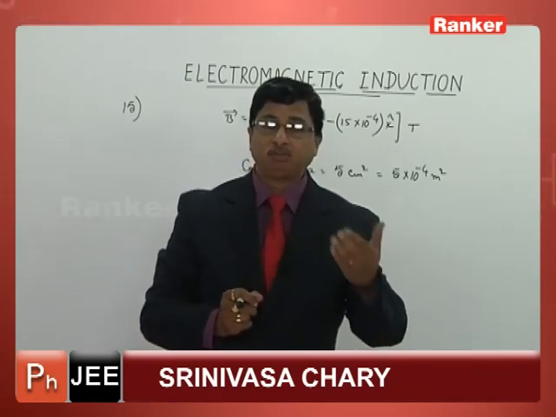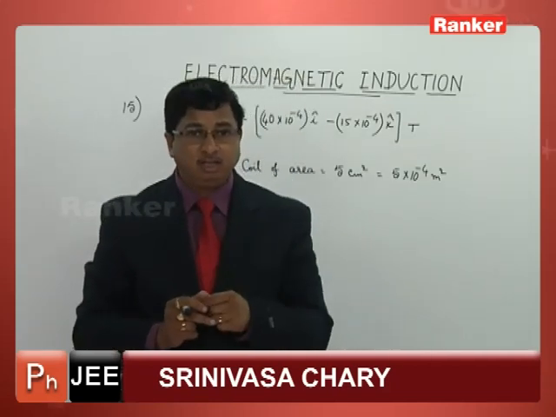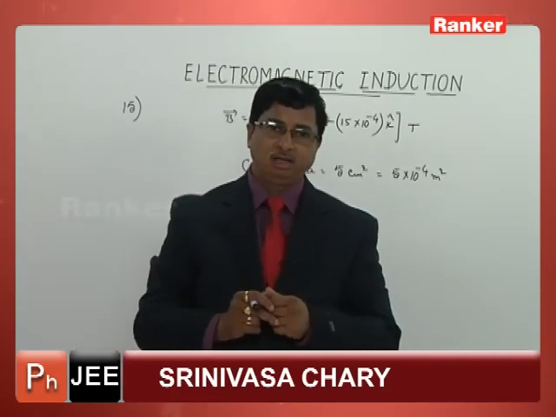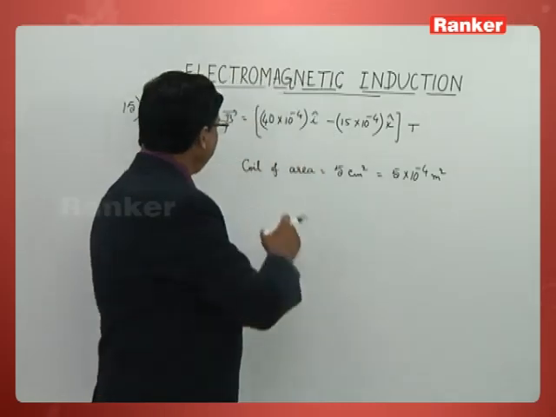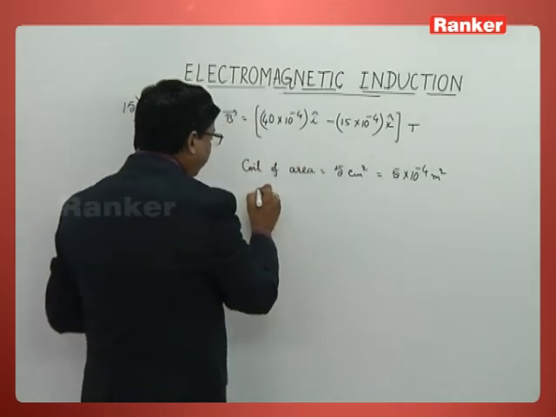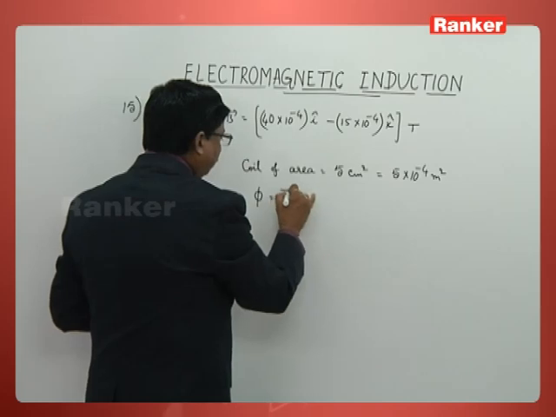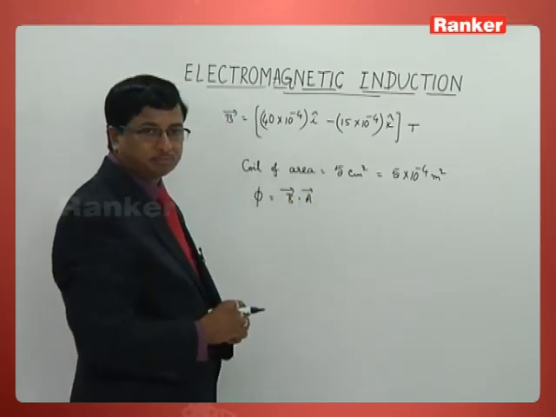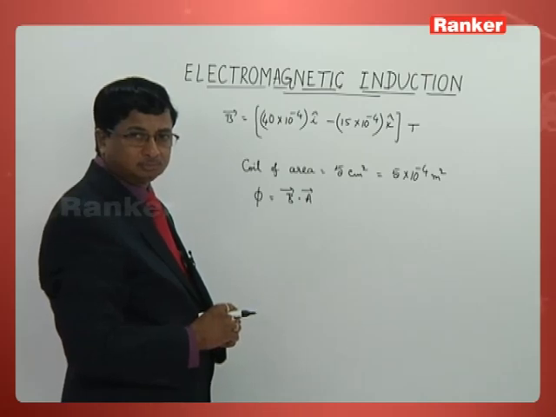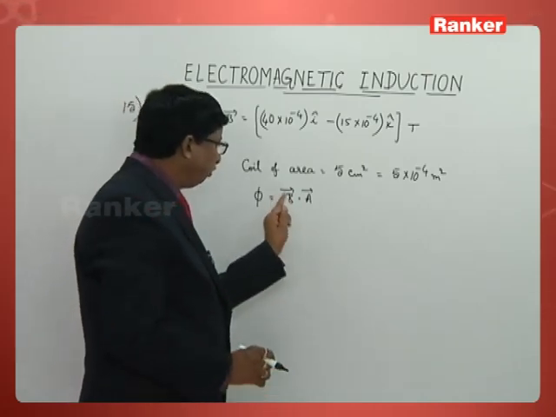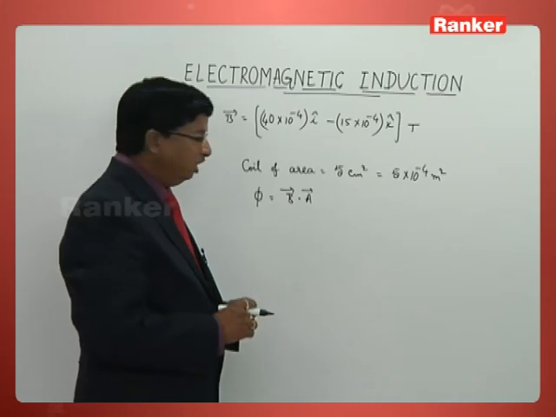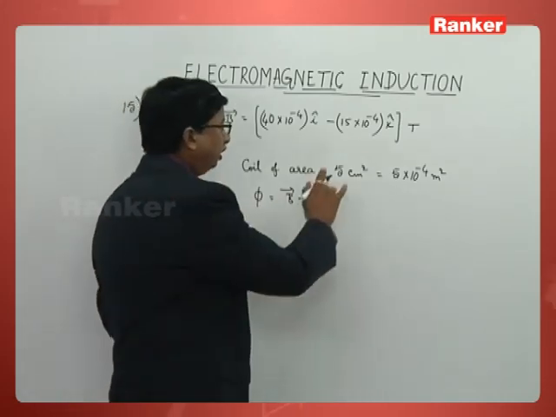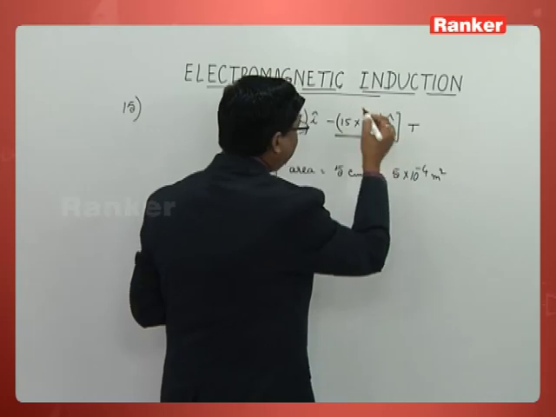What is the direction perpendicular to x and y? That will be z. So phi, which we just want, is B dot A. That is the formula you should understand. Now which B is to be taken? B along the z-axis is to be taken.